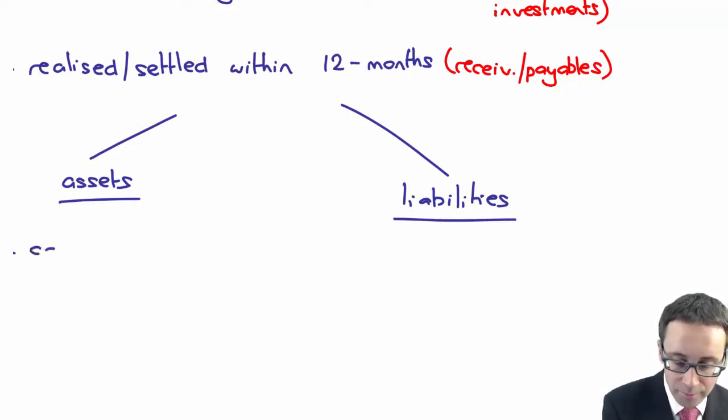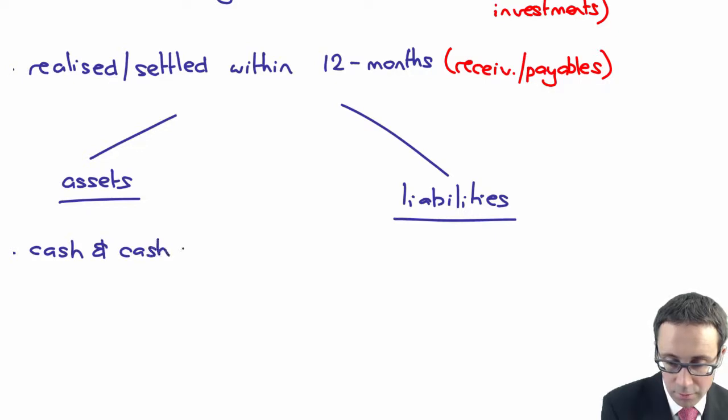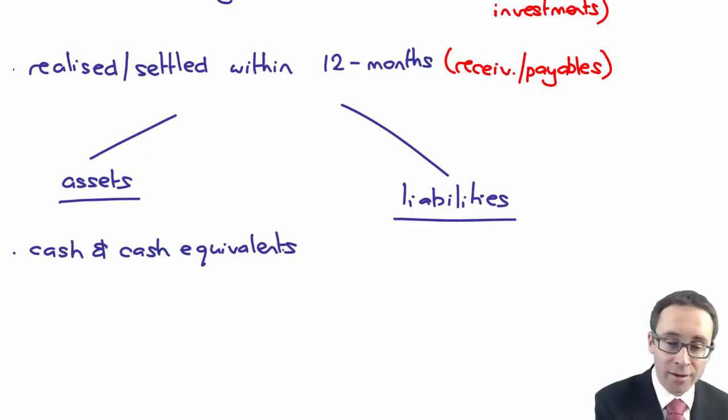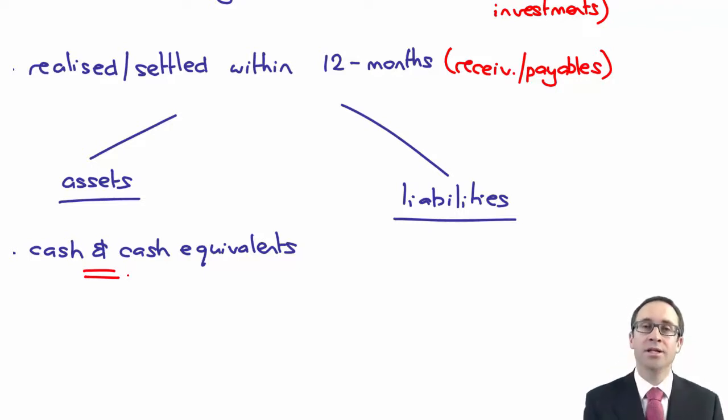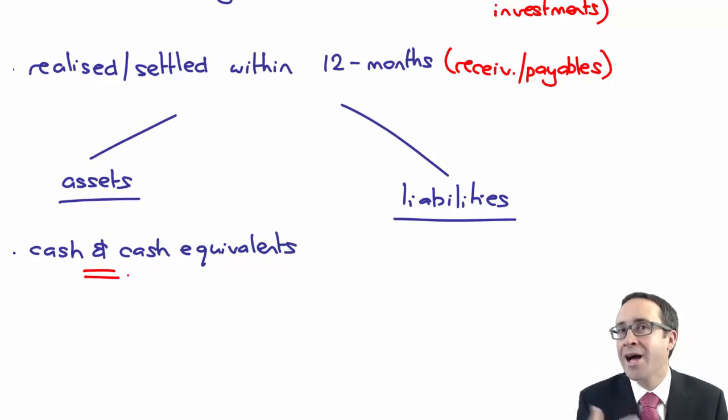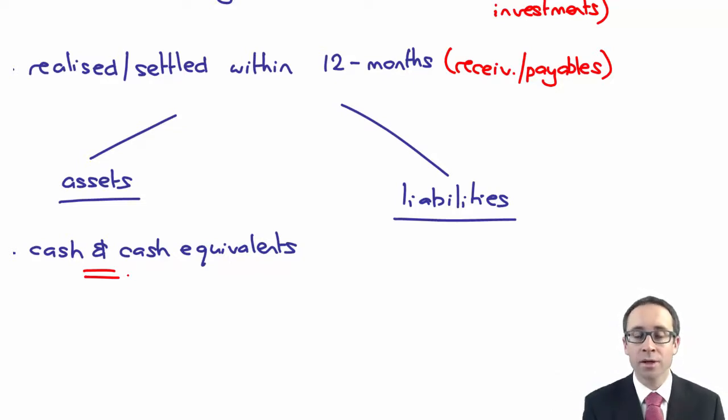By definition, your cash and cash equivalents have to be categorized as a current asset, because they're the most liquid asset, aren't they? You get the cash back from the bank straight away. Or if your cash equivalents are government bonds, government gilts, you could get that from the government very quickly. It's very liquid, isn't it?